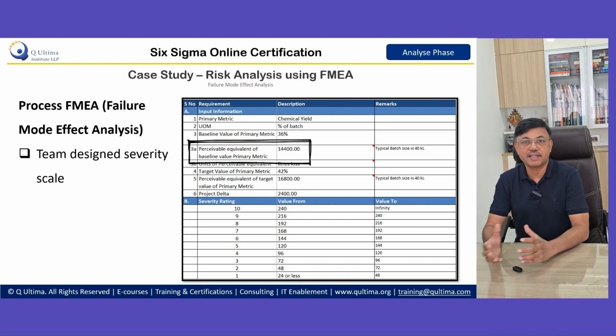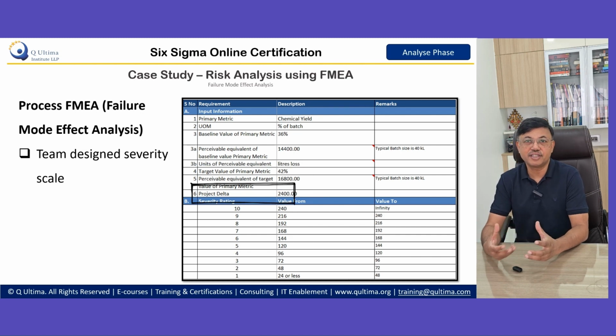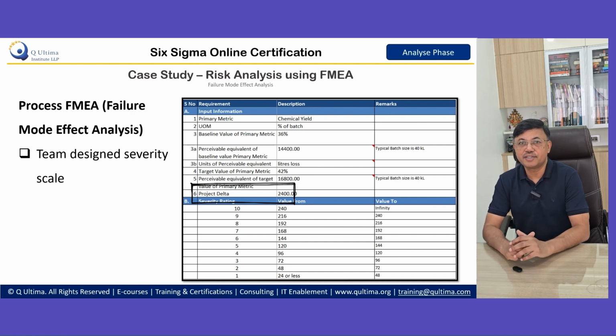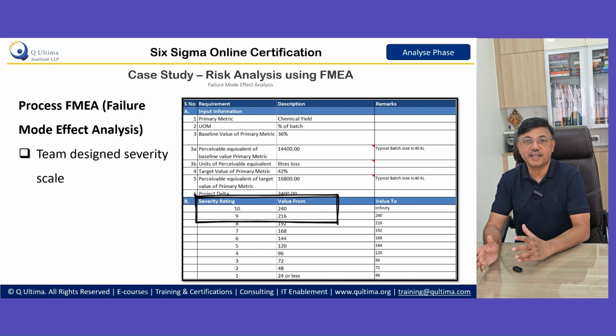So they multiply it with the batch size, which is 40 kiloliters, and they get 14,400. In the same way, the target is 42%, which when multiplied by the same quantity gives an equivalent value of 16,800. The difference is 2,400, and 10% of this difference is considered as the rating of 10.